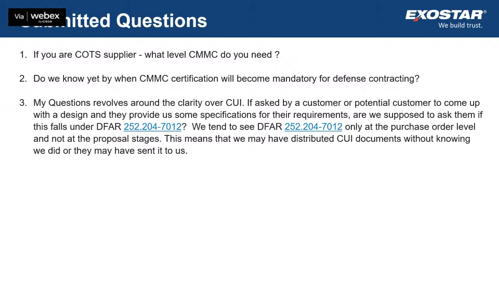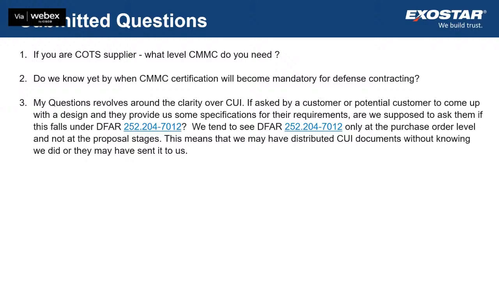And Exostar has a number of relationships with some of the large primes out there, and they are happy when their supply chain asks those questions. It lets them know that you're doing your due diligence as well, and they'll ask those questions up the chain as well to get those answers for you. So it's always a good idea to ask. I would always encourage you to ask those questions up front.